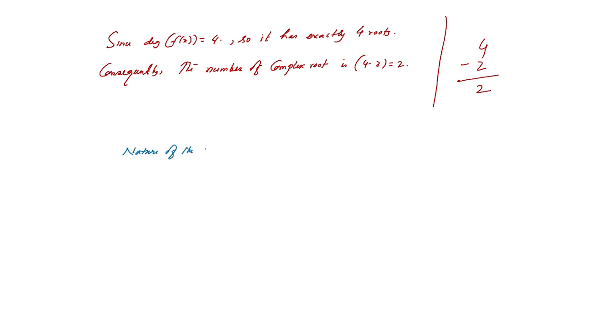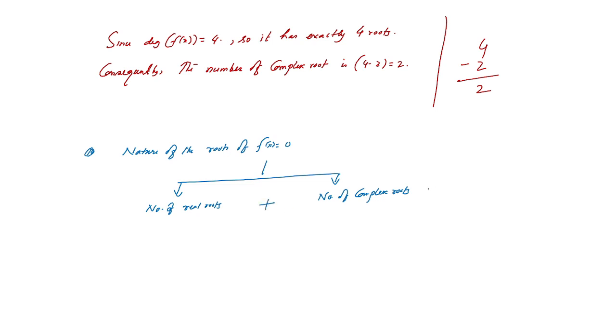For f(x) equals 0, you need to think based on the degree: the number of real roots and the number of complex roots, meaning purely complex. That sum will give you the number of roots, which is the degree of f(x).